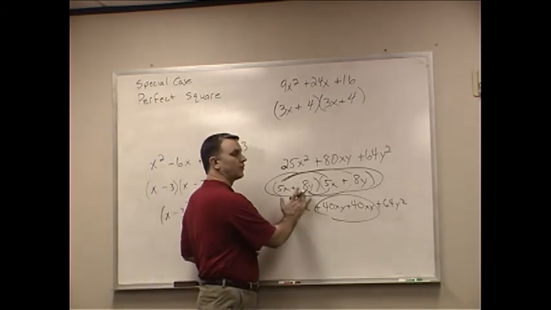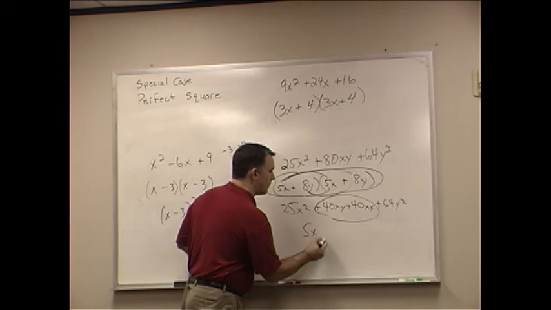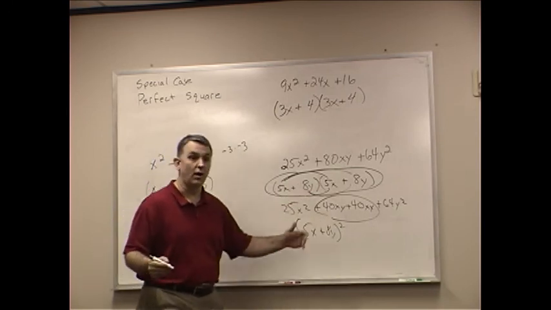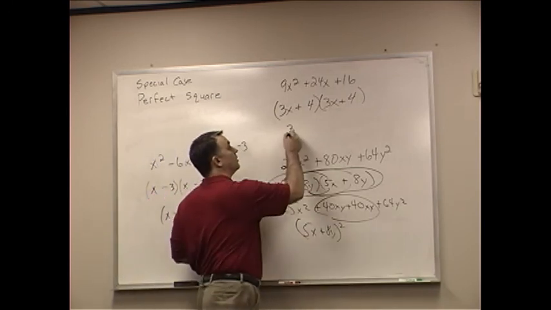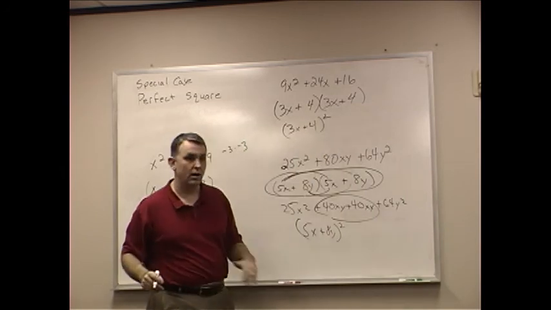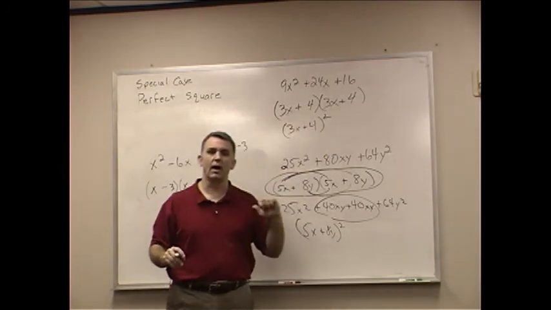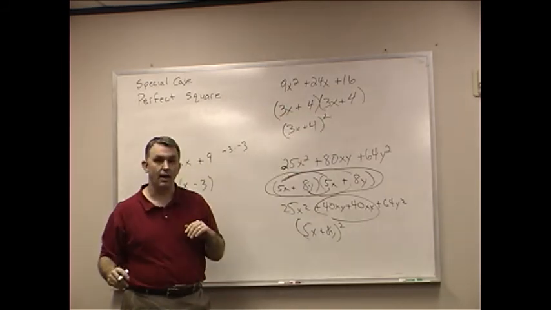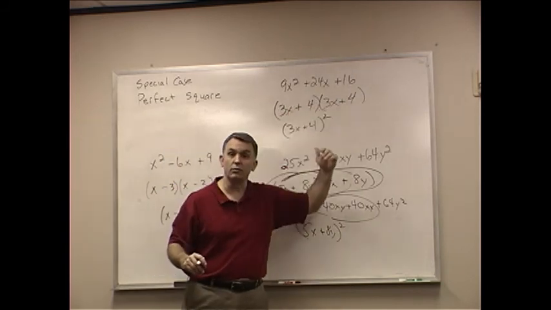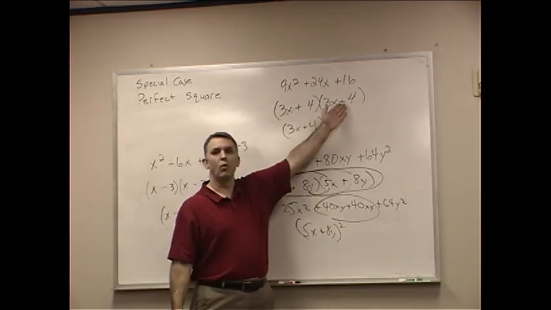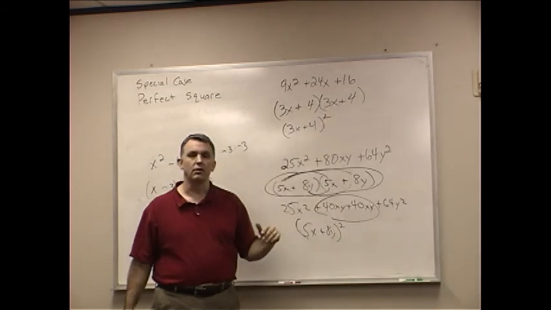It's the right answer as far as we go. 5x plus 8y, quantity squared, because it's something times itself. On the top one, 3x plus 4, quantity squared, because it's something times itself. It's easy to forget to simplify that step further. I actually forgot on this one and almost forgot on this one. But you do have to go one more step and write it as a little 2.